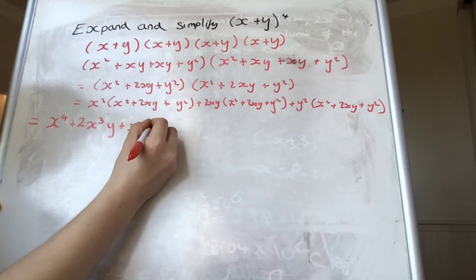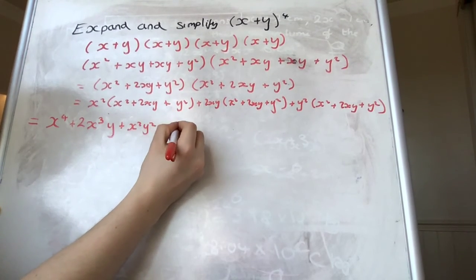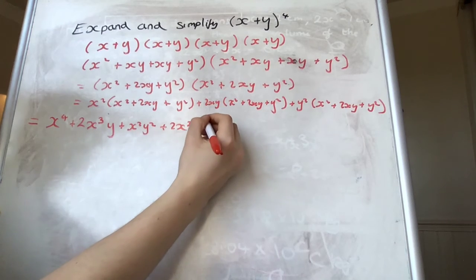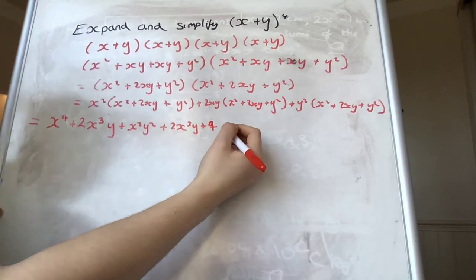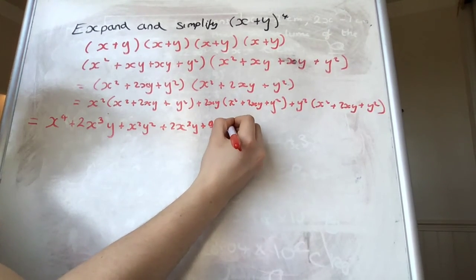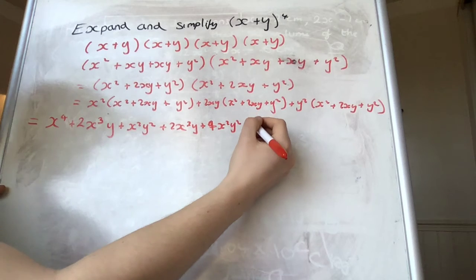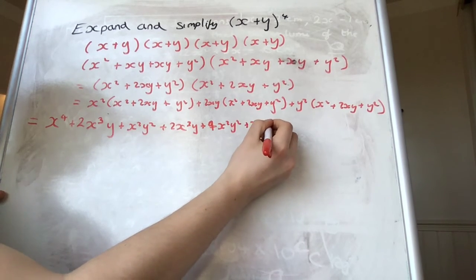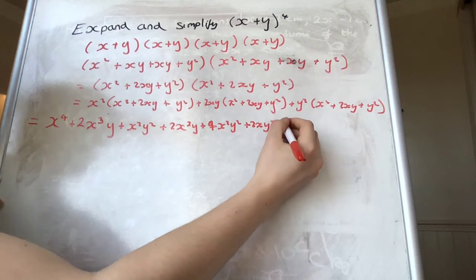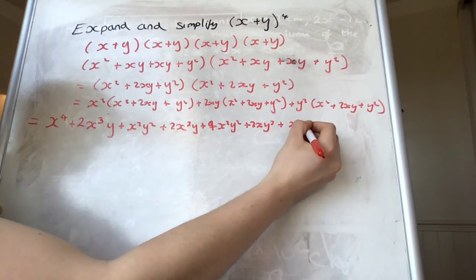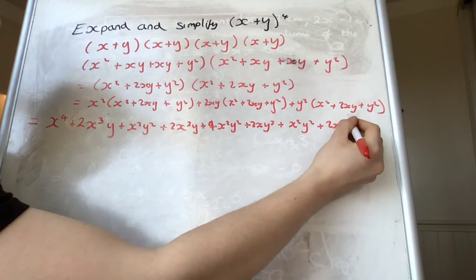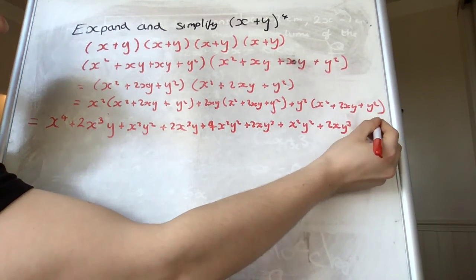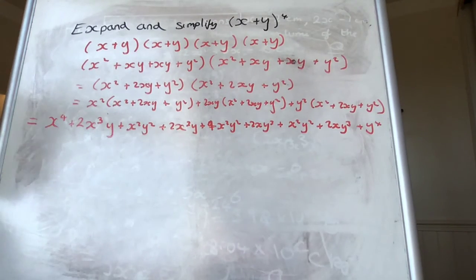So x squared y squared plus 2x cubed y plus 4x squared y squared plus 2xy cubed plus x squared y squared plus 2xy cubed plus y to the power of 4. Okay, so I think that is all correct.